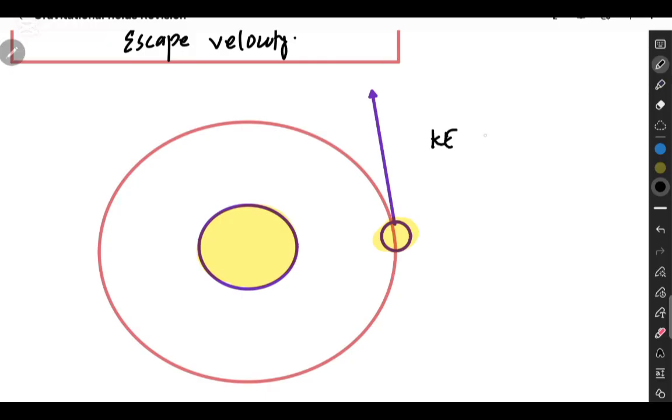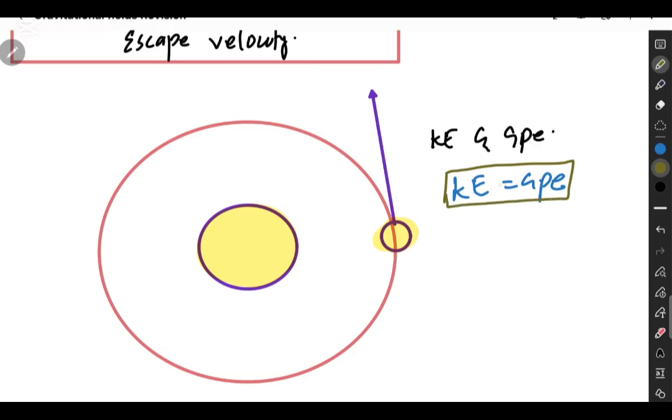So we have KE and we have GPE, okay? So when we have KE being equal to GPE, at that point, the object has a velocity called the escape velocity, okay?